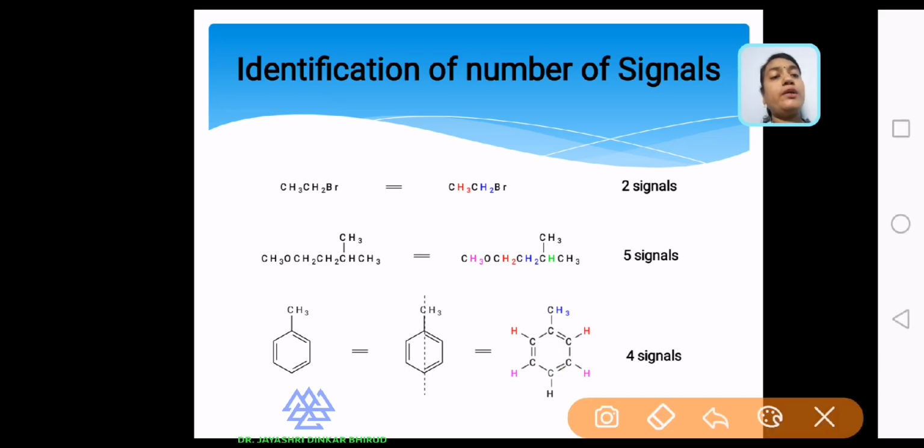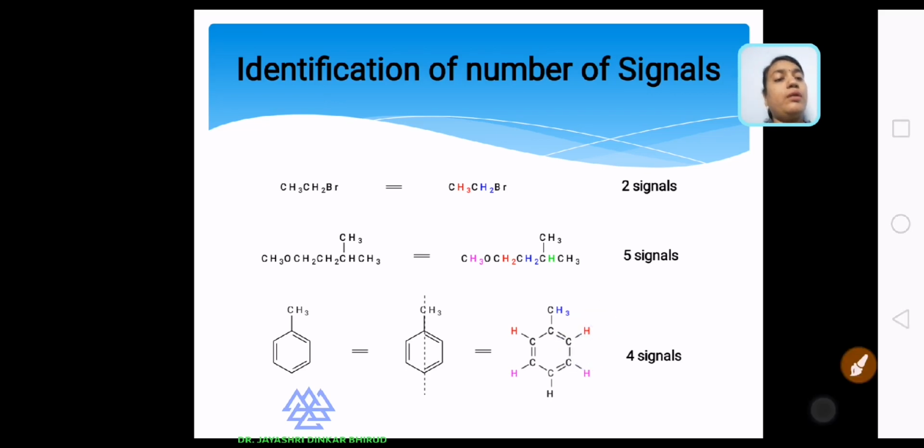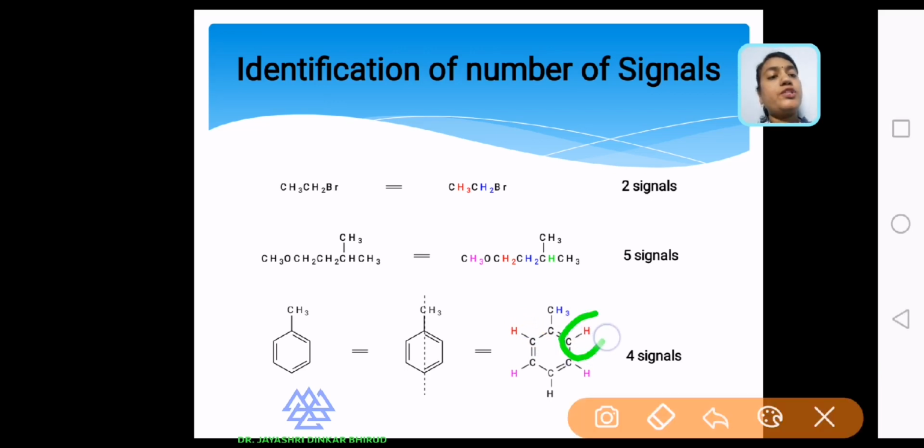Also, on this one side, this red CH group is attached to the CH group below. So these CH groups which I highlighted are attached to a CH group on one side, and on the other side are attached to the carbon atom bearing the CH3 group.